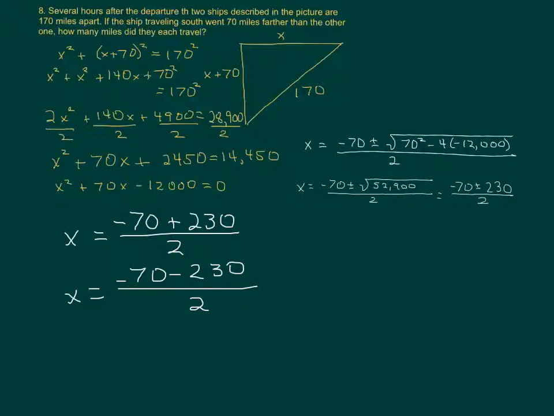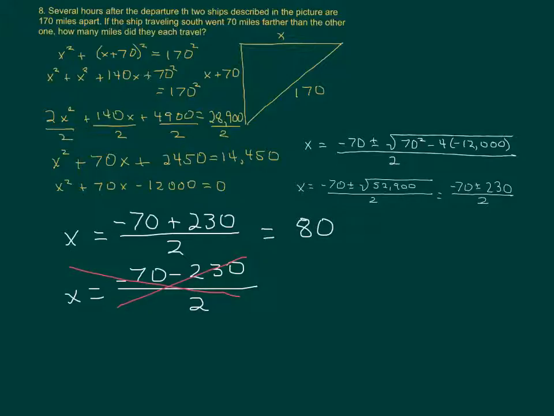If you look at the negative 70 minus 230, you can see that you're going to subtract a negative from a negative, and that's going to give you a negative. But x was the distance, and distances cannot be negative, so we can disregard the negative solution. So our correct solution is x equals negative 70 plus 230 over 2, which is going to be 80 feet.